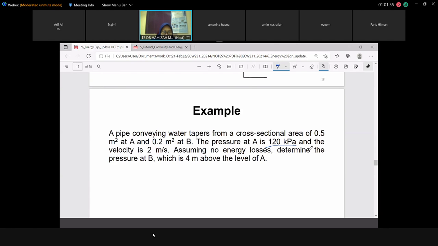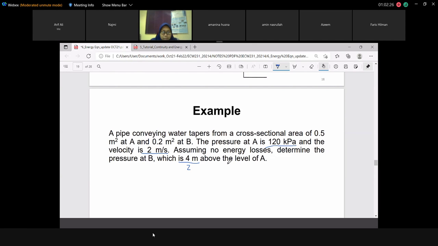And the velocity is 2. Okay, this 2 is for kinetic energy punya calculation. So we assuming there is no energy losses because it is an ideal fluid. Determine the pressure at point B, which is 4 meter above the level of A. Okay, so this 4 meter adalah potential energy, Z.